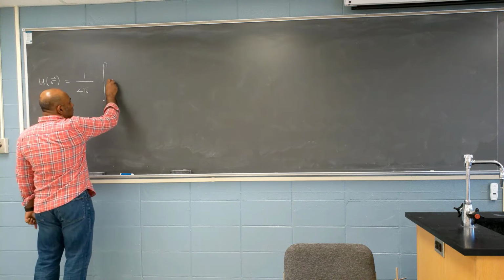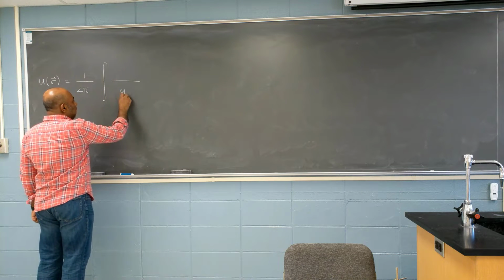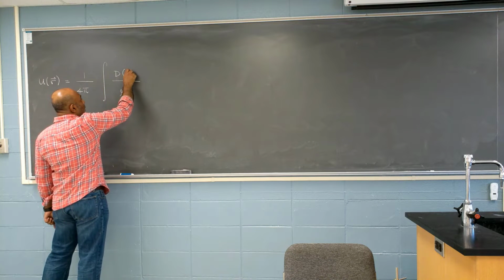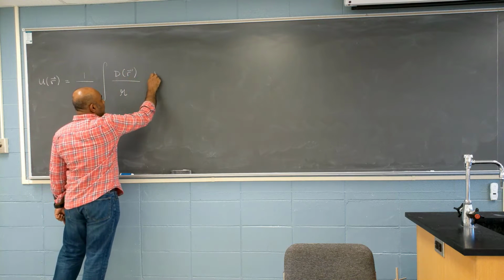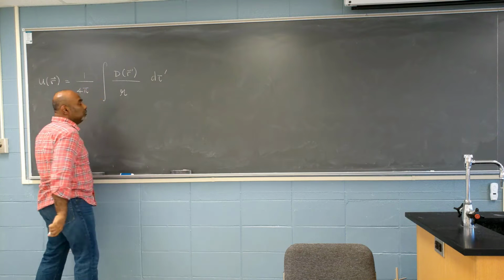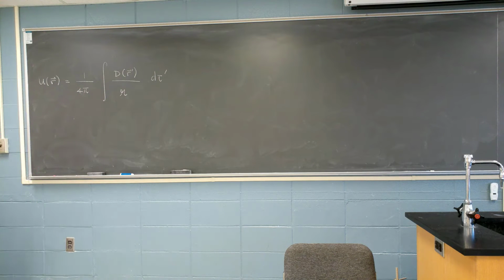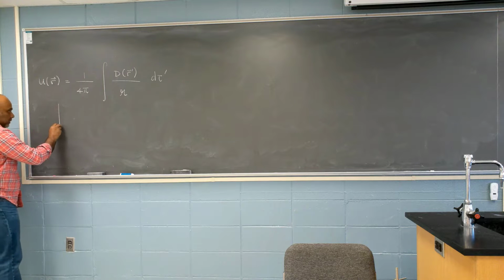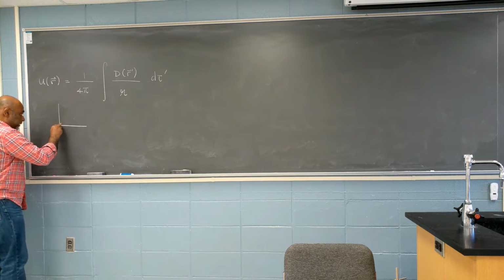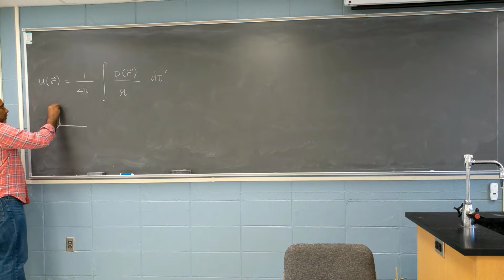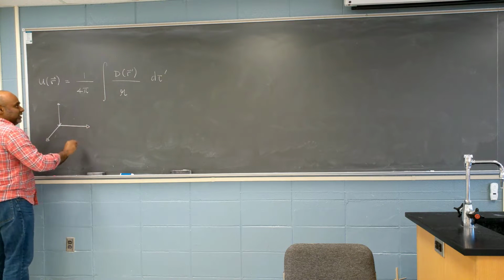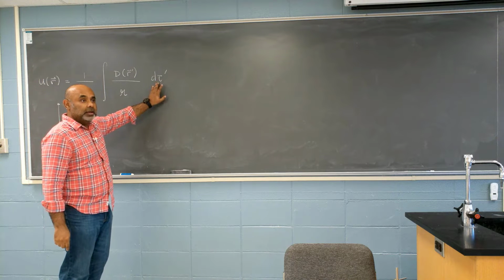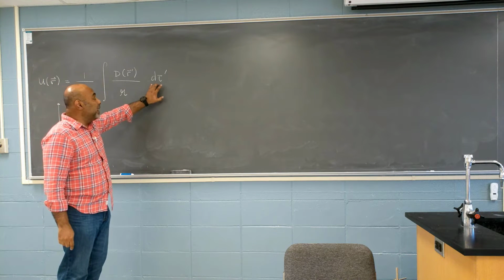It is a function of the following quantity, d, which is a function of r prime, and the integration is with respect to the prime coordinate. Now you might say, well, what is that? Well, you're familiar with this from the electric field, but there's a slight reversal. You're integrating over all space.